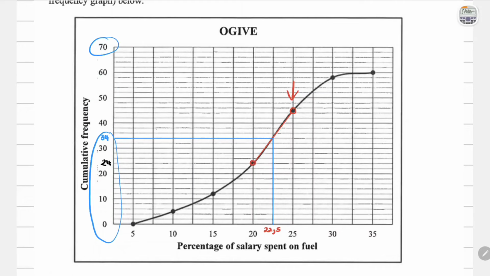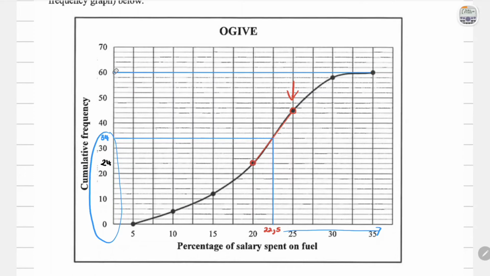I can't really take 70 because it's not 70 people. So you'd have to think about it as, what is the total number of employees we have here? We have 60 employees. And we know that a total of 34 of them spend 22.5% or less. But we want the people who spend more than this.